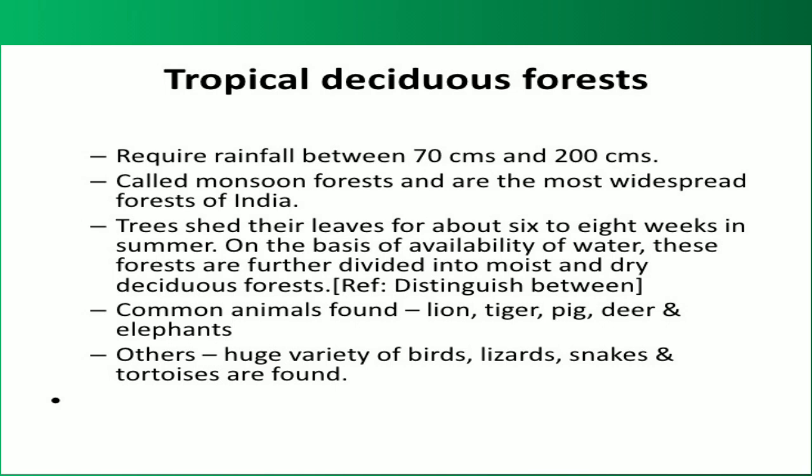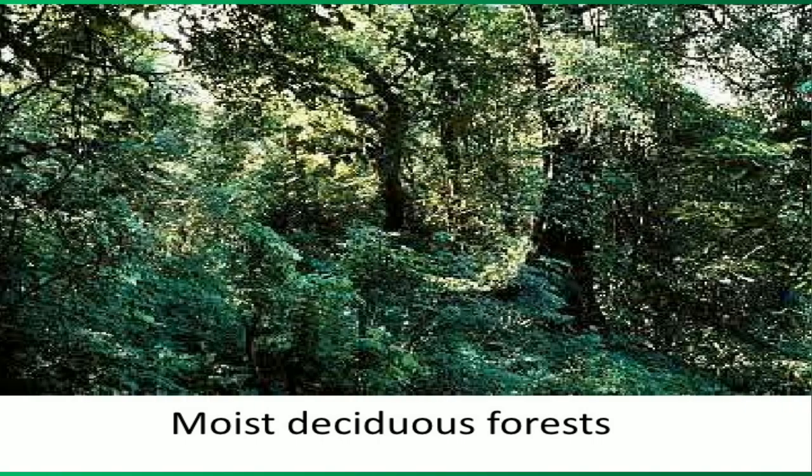Common animals found: lion, tiger, pig, deer, and elephant. A huge variety of birds, lizards, snakes, and tortoise are also found here. You can see here the moist deciduous forest.